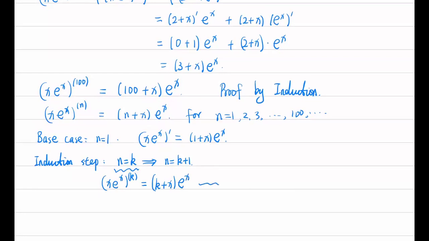We want to derive the next case, which will be k plus 1.